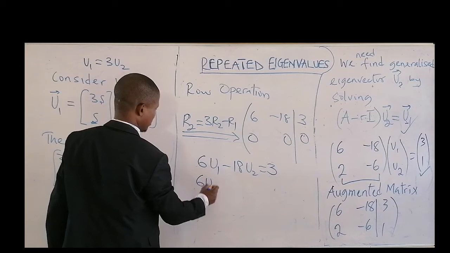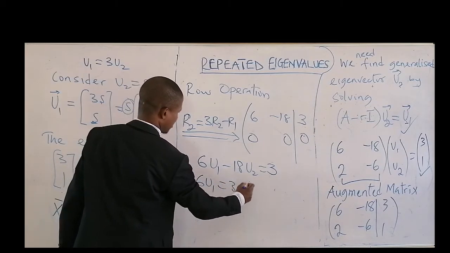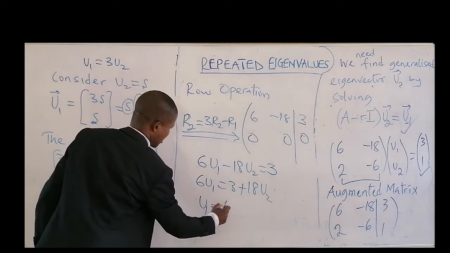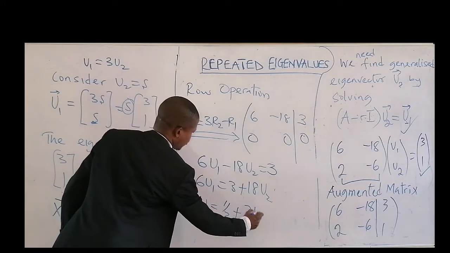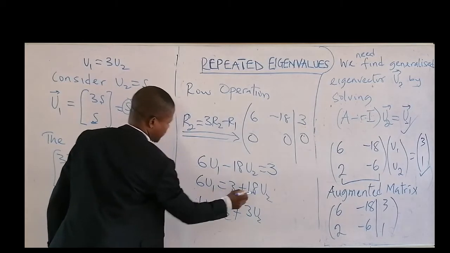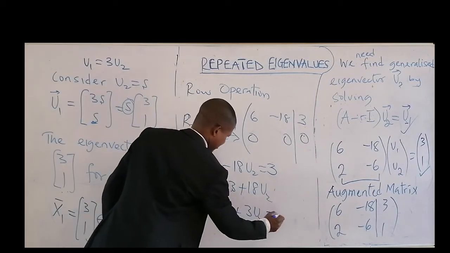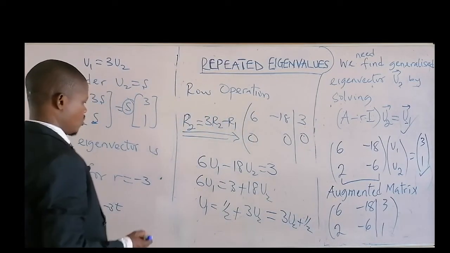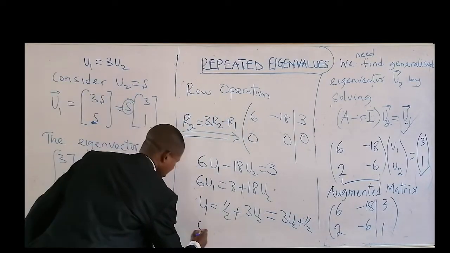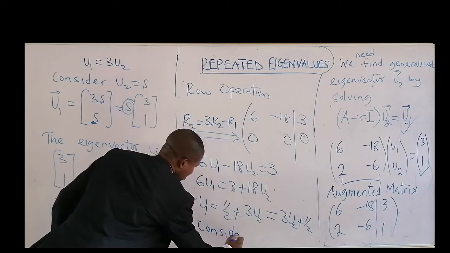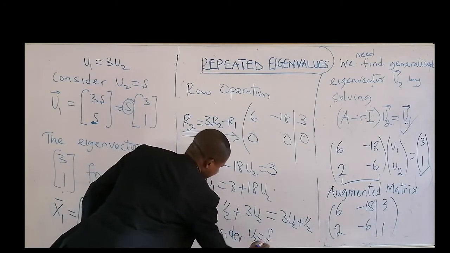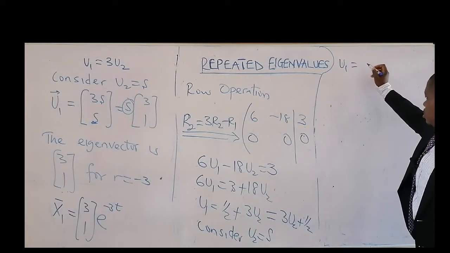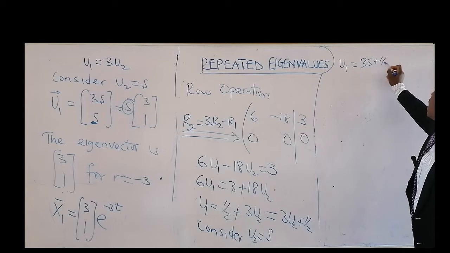So we have 6 u1 equal to 3 plus 18 u2. u1 is equal to 3 over 6 plus 18 u2 over 6. So we can write this as 3 u2 plus half. So what we are going to do now, let's consider u2 to be x. Okay, so we now have u1 equal to 3x plus half.